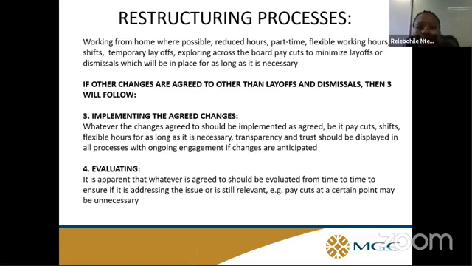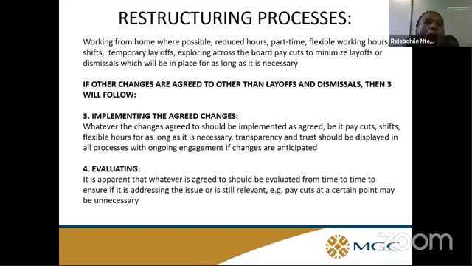The fourth step would be evaluating whether the option that has now been implemented still serves the problem. In other words, we evaluate if, for example, the layoff is addressing the issue. If the layoff was at a certain percentage of salary, we recheck and see if the employer can sustain that percentage of salary.